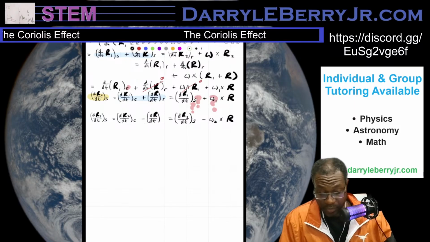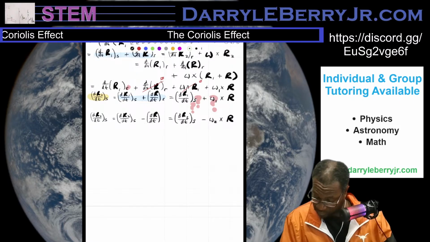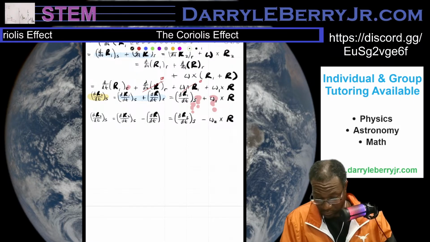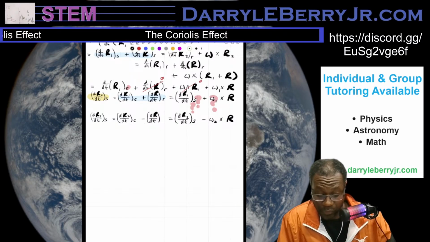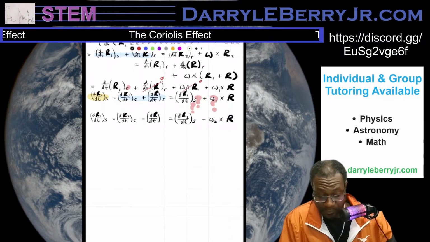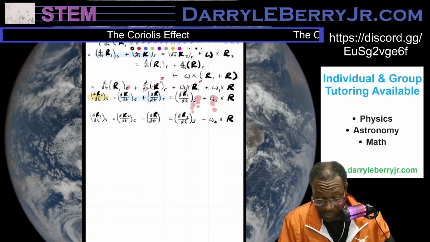A comparison of these two expressions shows that omega 1 minus omega 2 cross r equals 0. Any difference in the angular velocity vectors at two arbitrary points must lie along the line joining the two points. Assuming the omega vector field is continuous, the only possible solution for all pairs of points is that the two angular velocity vectors must be equal.